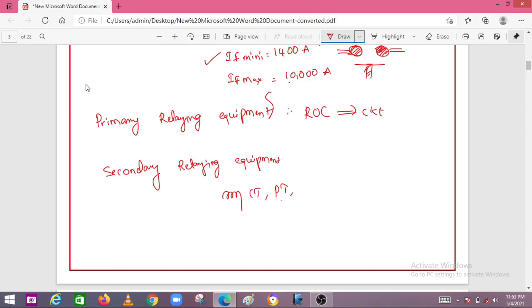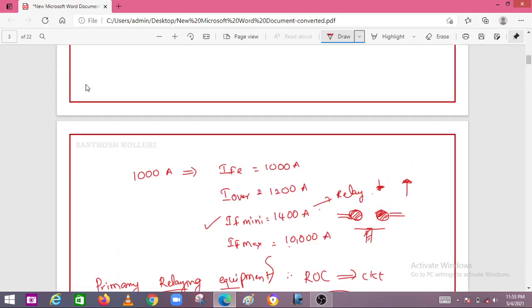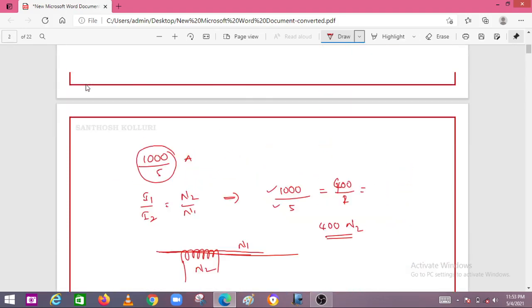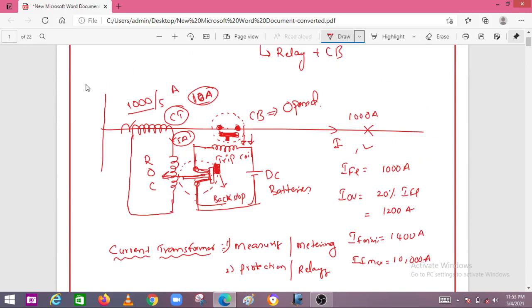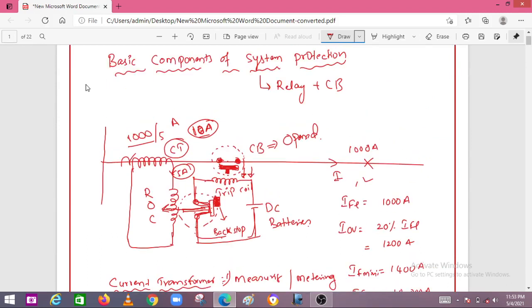Primary relaying equipment means sometimes there is no need of using CT or PT, and the relay operating coil is directly connected in the circuit which is to be protected. So the diagram which we have shown just now is secondary relaying equipment because we are using a CT here for the protection system.